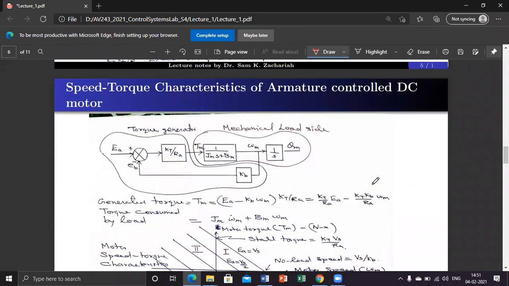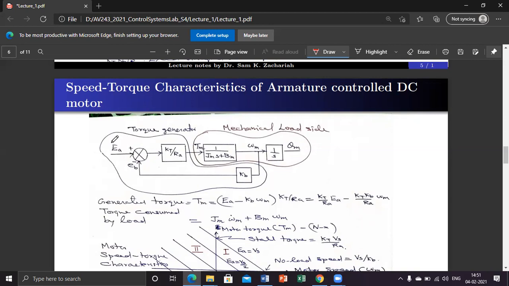The first portion, we would like to see the static characterization, that is the speed torque characteristics of the electromechanical model. Based on our model, we can draw the electromechanical actuator like this.